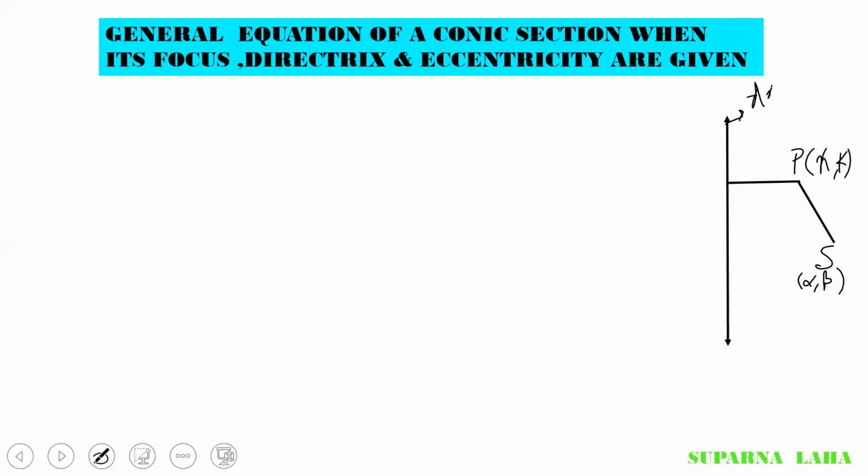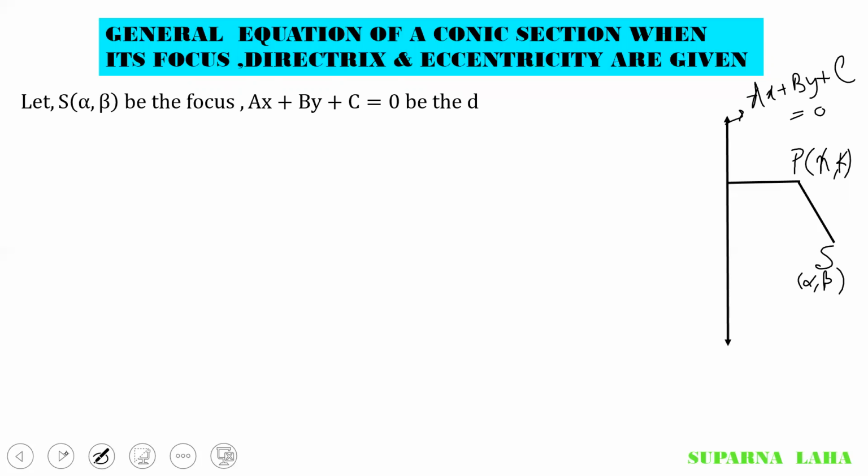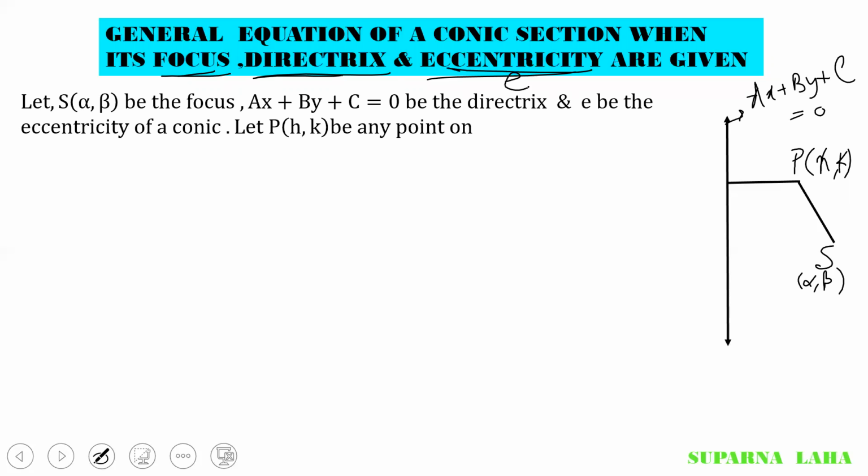Suppose this is ax + by + c = 0. Let us take the fixed point, which is called the focus. Let us take the fixed line, which is called the directrix, that is ax + by + c = 0. And let us take the eccentricity e, that is, the constant ratio is e.